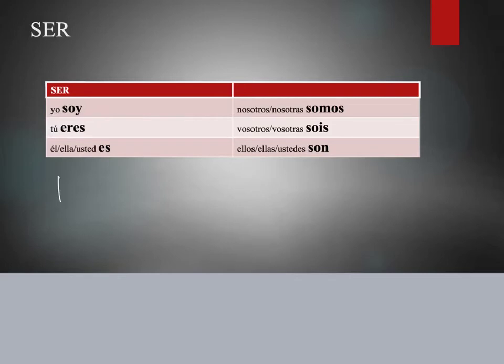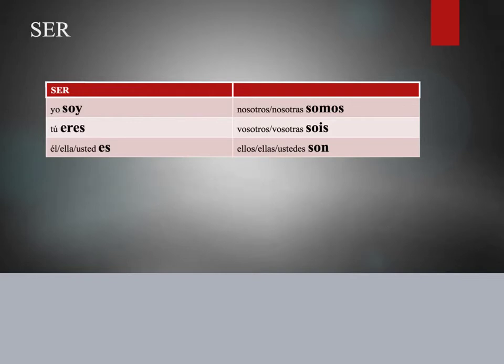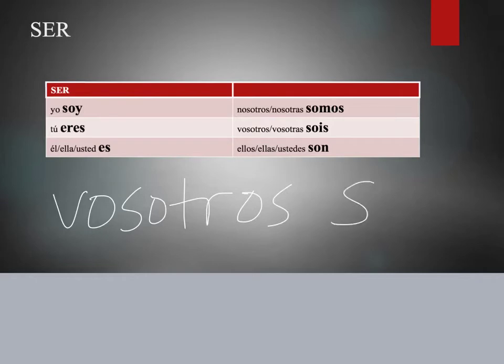Tenemos aquí nosotros o nosotras, if you're in a group of all girls. Nosotros somos. Vosotros, si estás en España, sois. You all are.